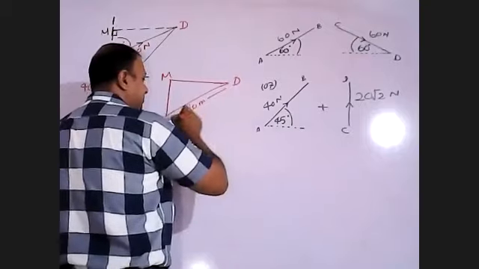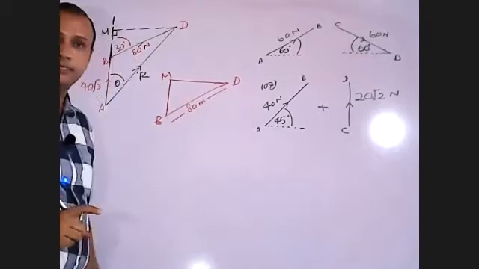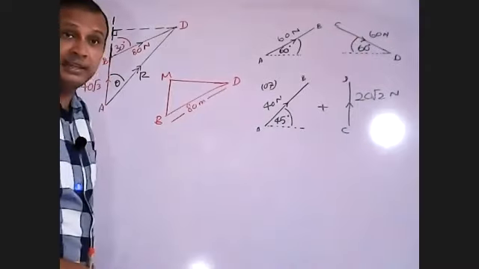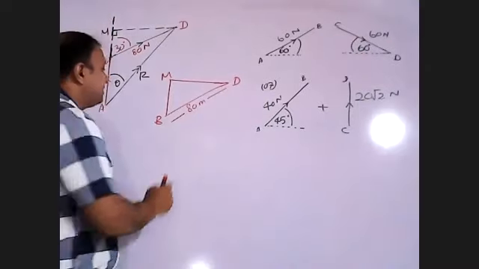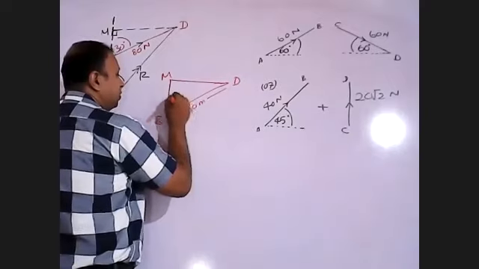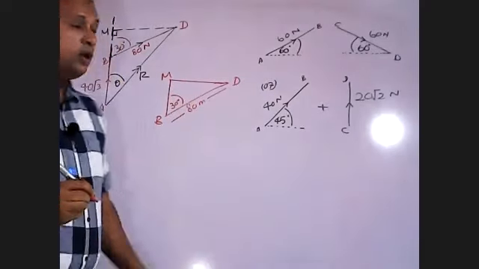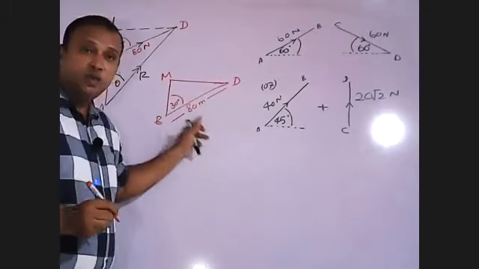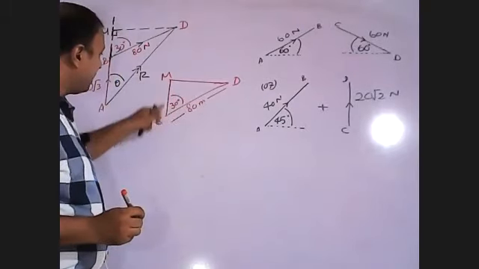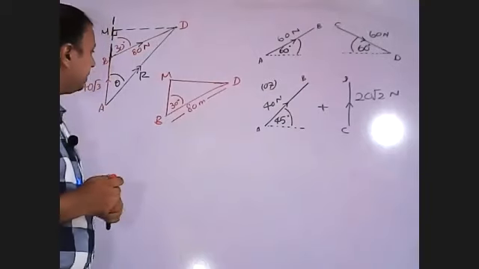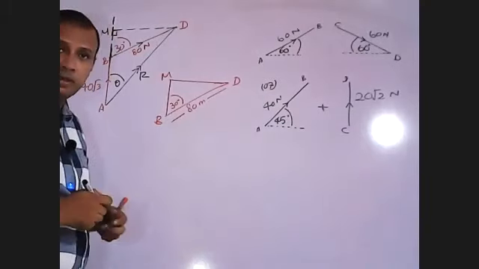Then what is another thing? That is 30. Those are the only things you know. From these data, you have to evaluate MB and MD. BM and MD.